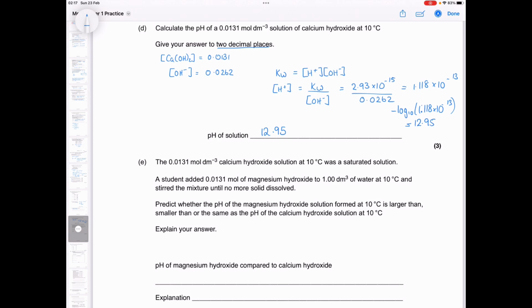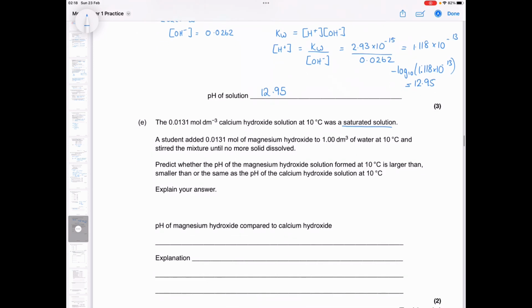So what we're looking at here is if the solution is saturated for calcium hydroxide, what we're thinking about is whether the calcium hydroxide is more or less soluble than magnesium hydroxide. So this is looking at our trend in solubility of the hydroxides as you go down the group in group 2.